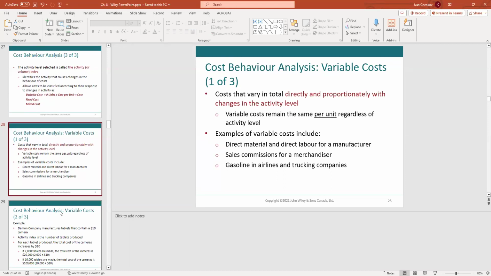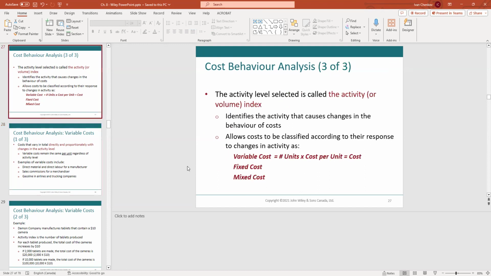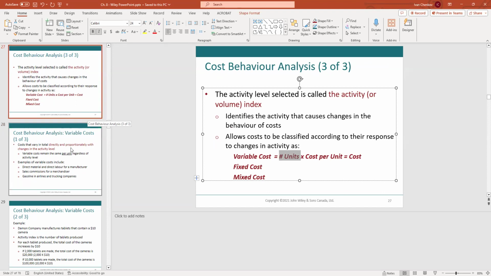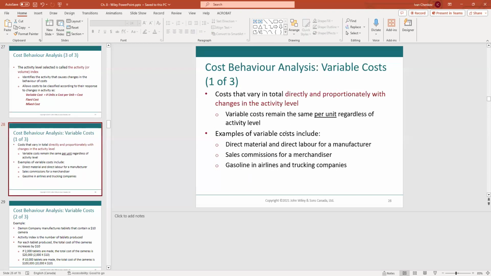Variable cost is very interesting because the variable cost, in total, increases directly and proportionately with the level of activity. Which is the level of activity? Number of units, number of kilometers, number of rooms occupied, anything like that. What does that mean? You already know this from experience.